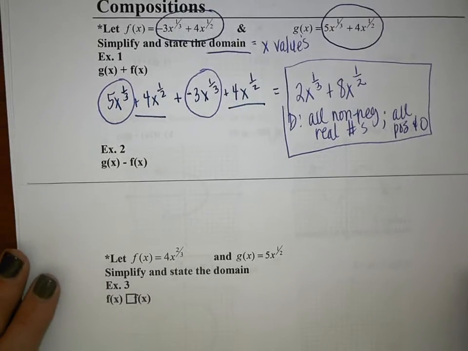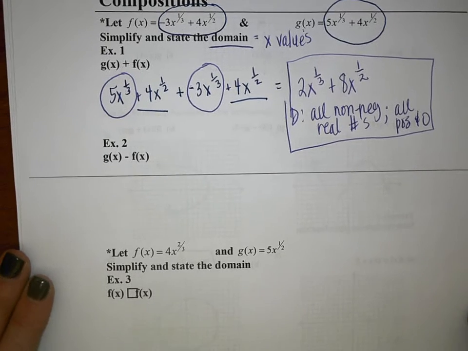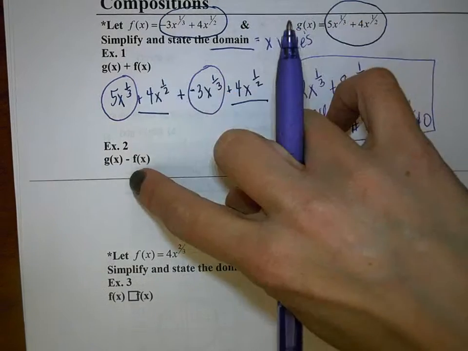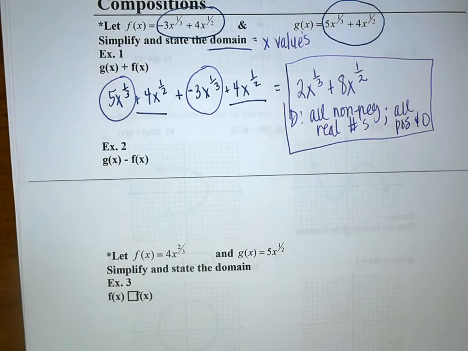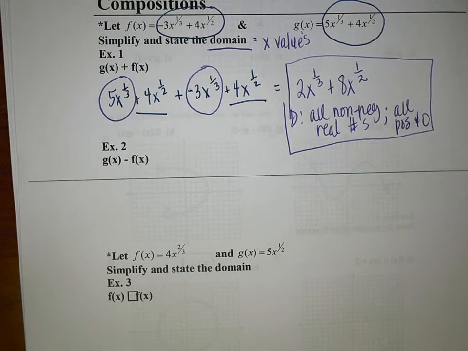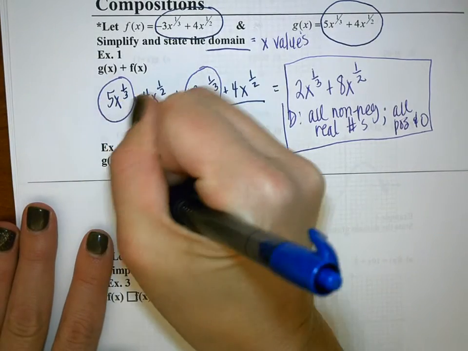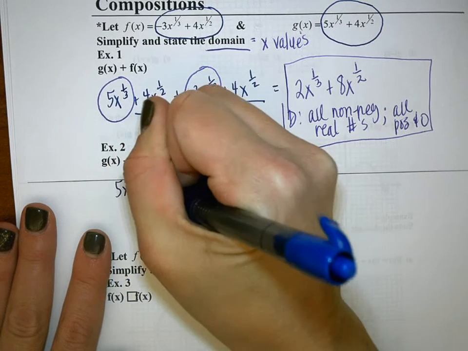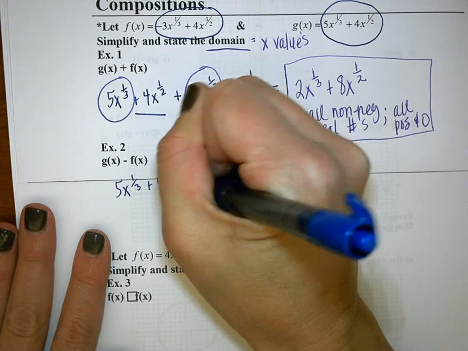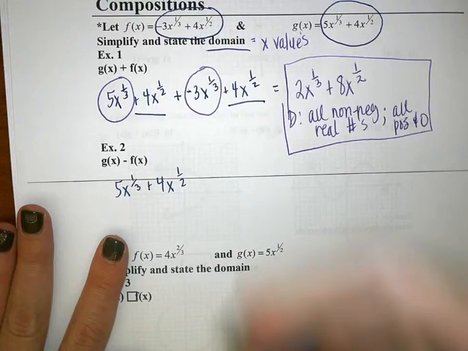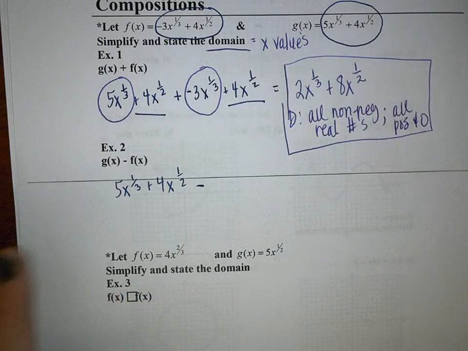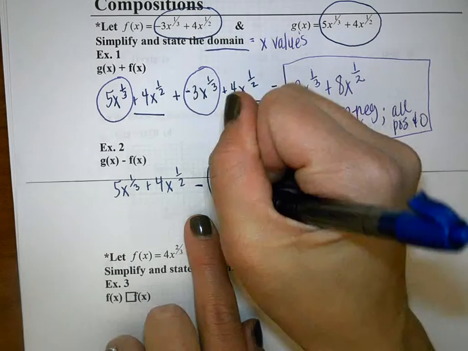Okay, let's move on to example 2. In this one we were adding them. On this we are subtracting them. So again, we're going to take our value for g of x, which is 5x to the 1/3 power plus 4x to the 1/2 power. And then we're subtracting f of x. So we're subtracting the whole thing that f of x is.